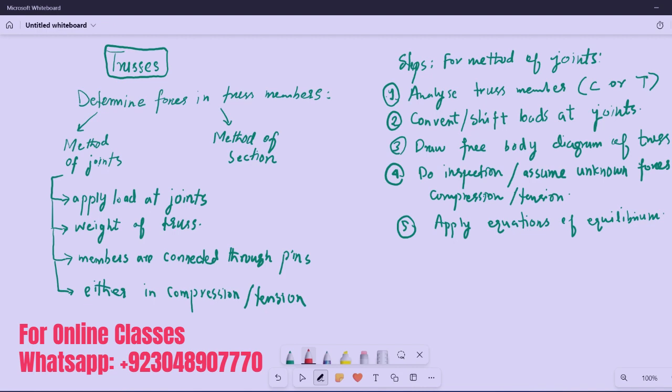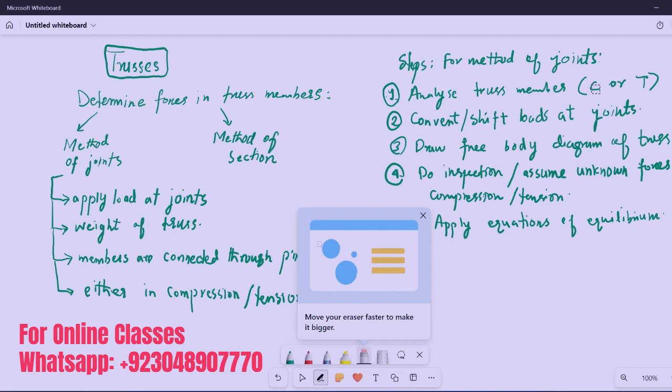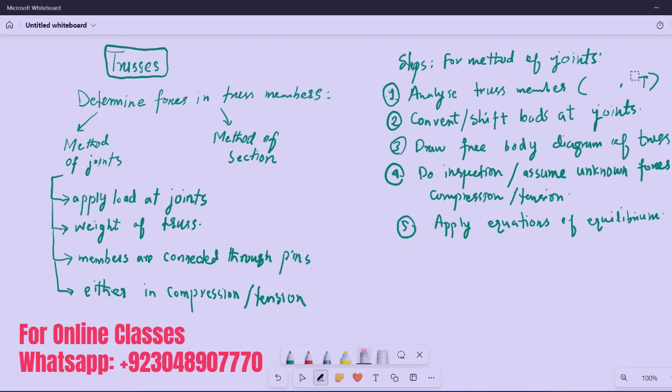If it is fixed, you're going to show three reactions. If it is a roller, you're going to show one reaction. So instead of saying analysis of truss members for compression or tension, we say that we are analyzing the truss for reactions in this step. So see how many reactions there are, and look at the supports. Now I think it's clear.